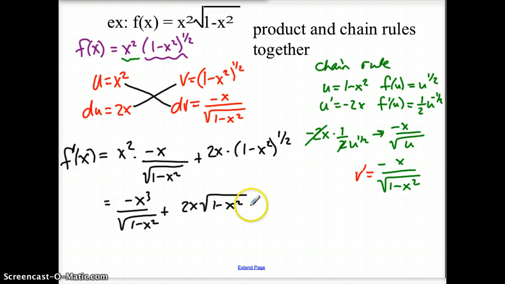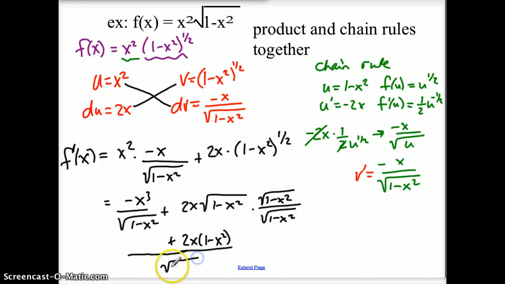Of course, the book's going to get a common denominator, so let's multiply this by the square root of 1 minus x squared on the top and the bottom. So the right fraction becomes 2x times (1 minus x squared), because the square root times the square root is just itself. And then it's all going to have the same denominator. And then here we have negative x cubed.